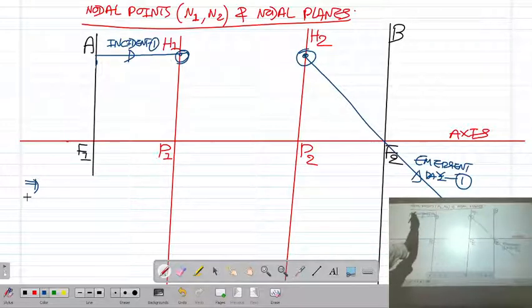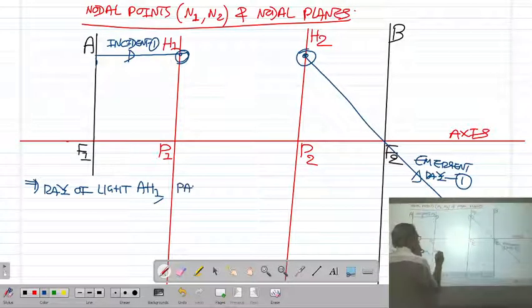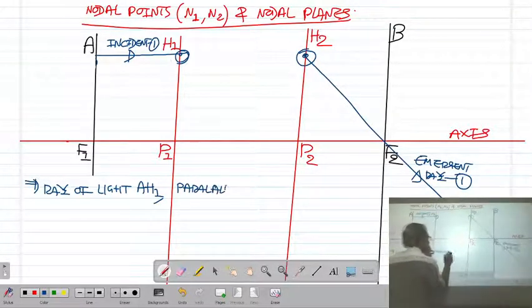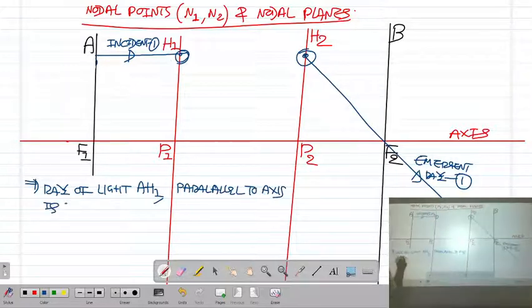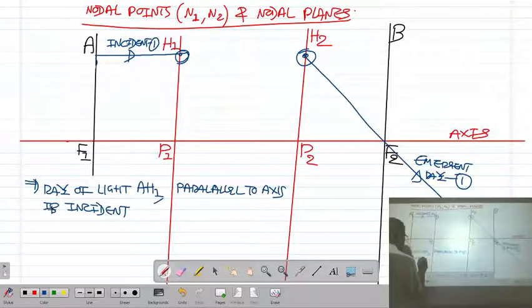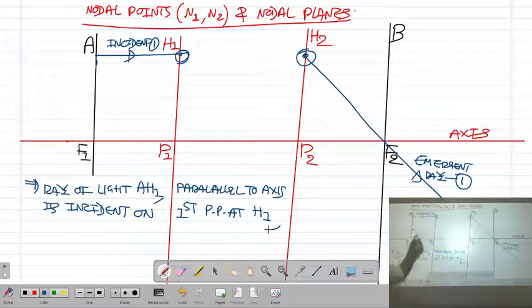The ray of light AH1 parallel to the axis is incident on the first principal plane at point H1, right?